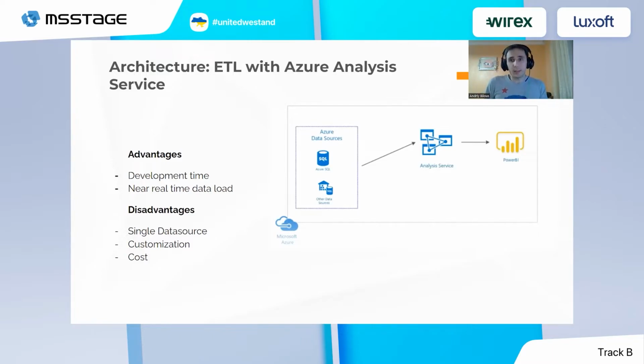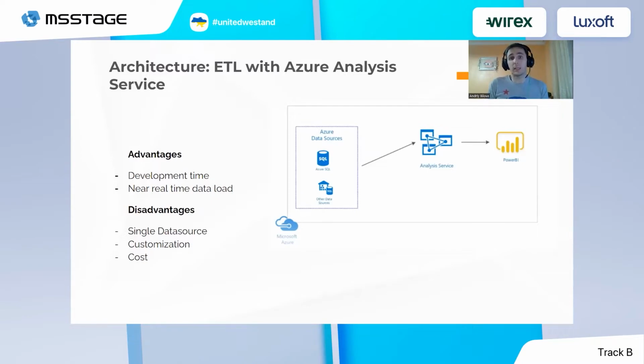But it supports only a single data source. So we had to implement Azure Functions that would merge the data, and then the analysis service would get the data from the merged database and put it into Power BI. Unfortunately, customization is also not easy to implement.